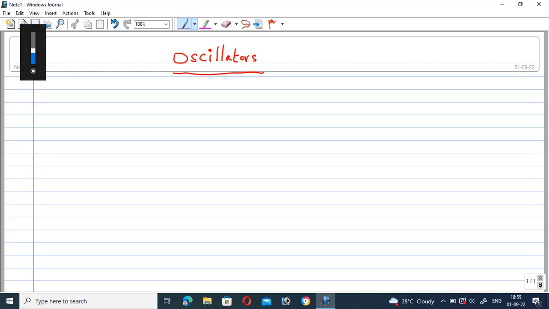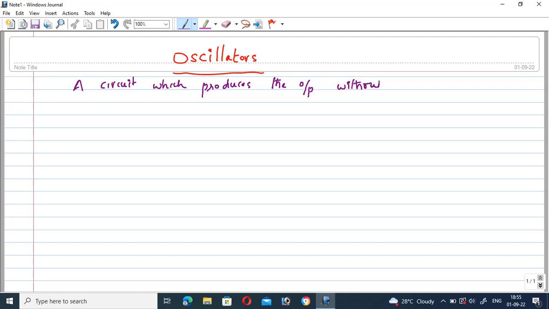So from this discussion, we can write a definition: a circuit which produces the output without taking the input signal. These are generally called oscillators.